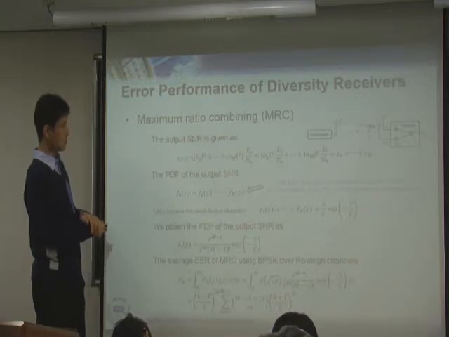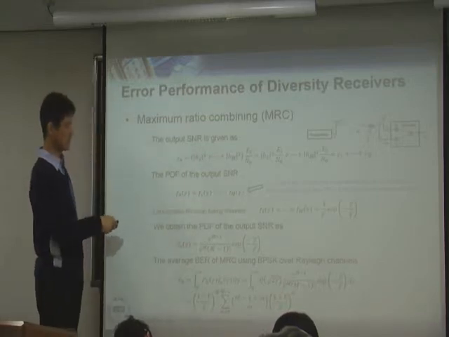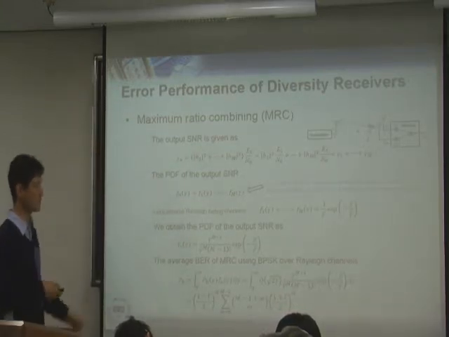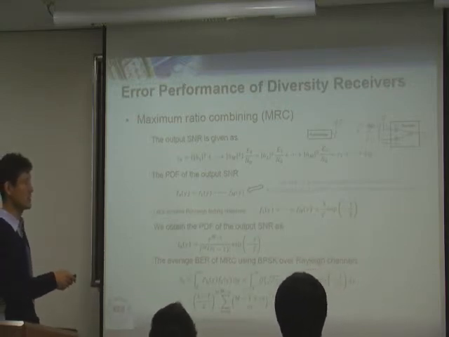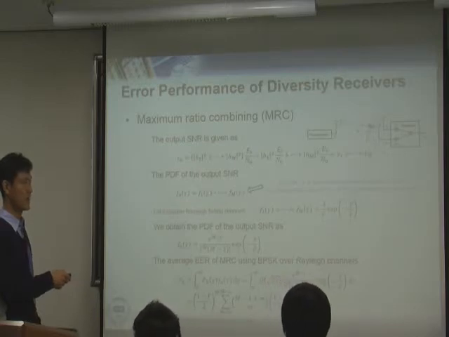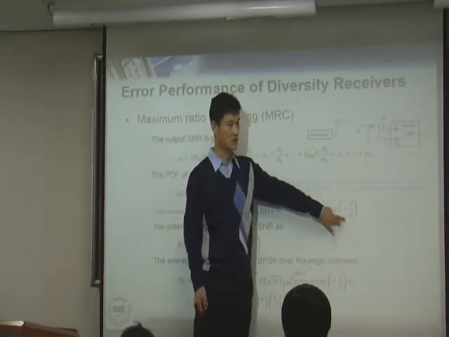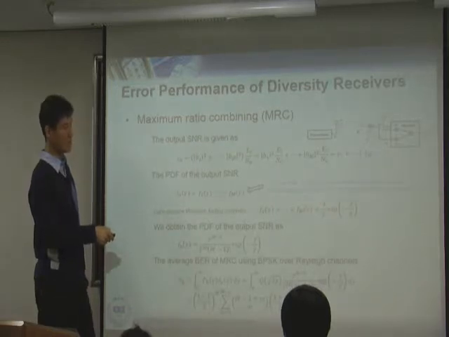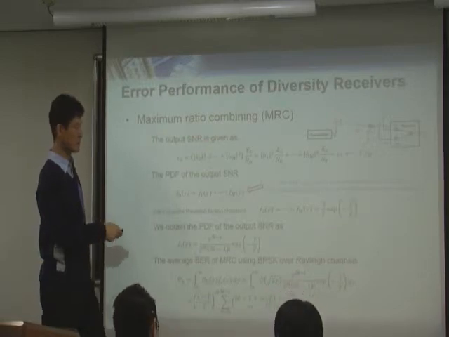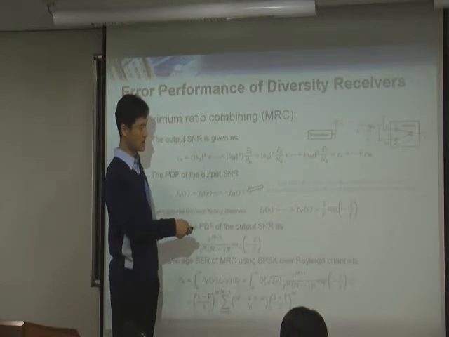So the PDF of the output SNR is the convolution of all the PDFs. Now let's assume that each PDF is Rayleigh. In that case, Rayleigh looks like this. This is a Rayleigh PDF of SNR. Then we have to do the convolution of this one m times, f1 gamma dot dot dot fm gamma.